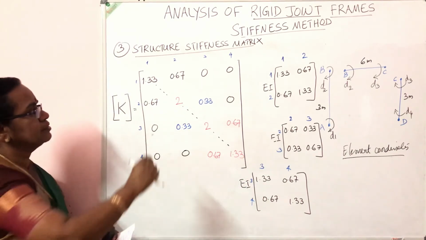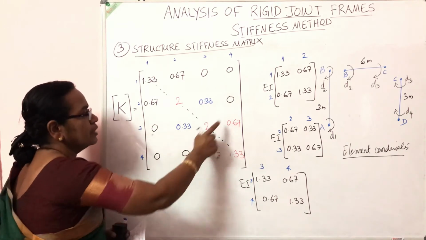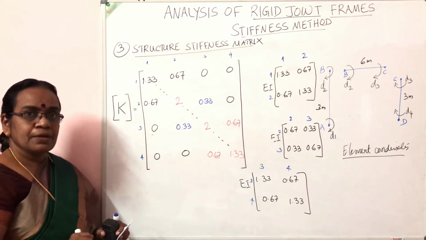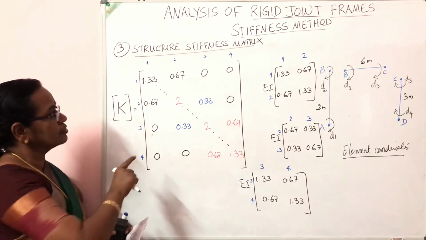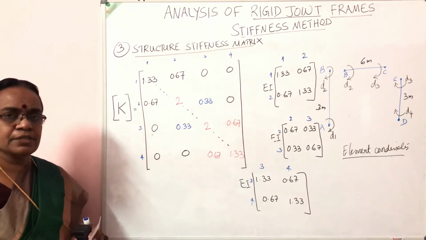So the stiffness matrix is a diagonally dominant matrix and it is symmetric, and the 0 elements are away from the diagonal. These properties we have seen in the initial introduction class. So the stiffness matrix is a 4 by 4 matrix and it is perfectly symmetric.